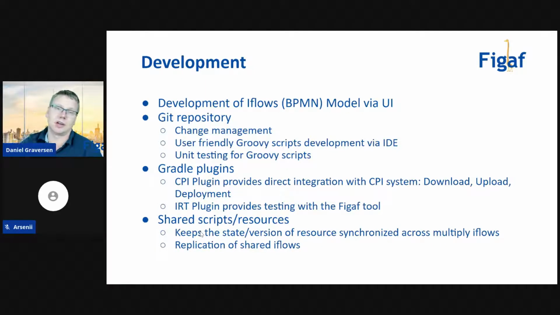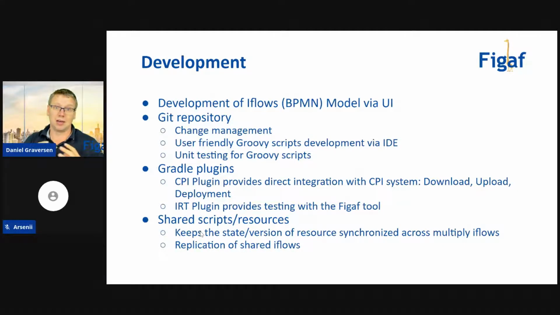We have shared scripts. So if you have a script that you want to implement in multiple different locations, it's able to do these things, and it has a way to synchronize the data. And we also have replication of shared iFlows.